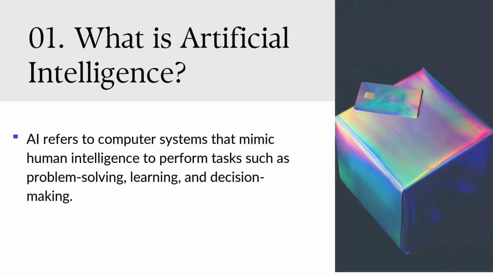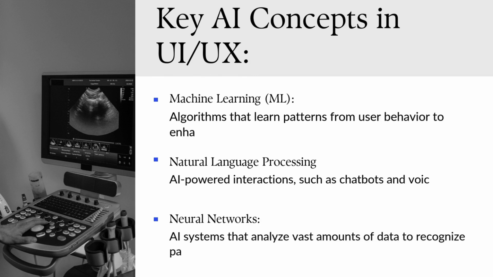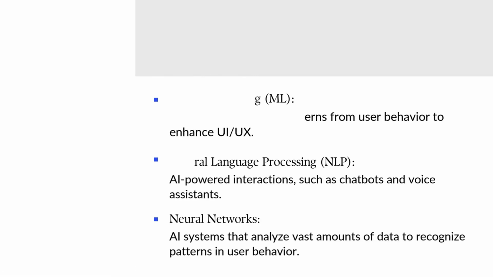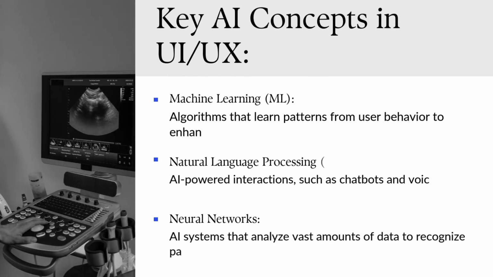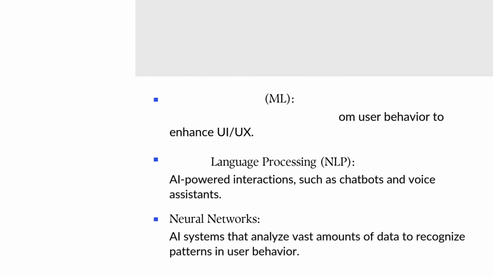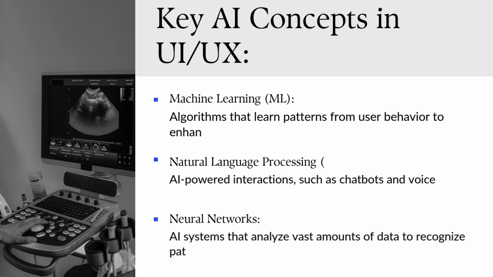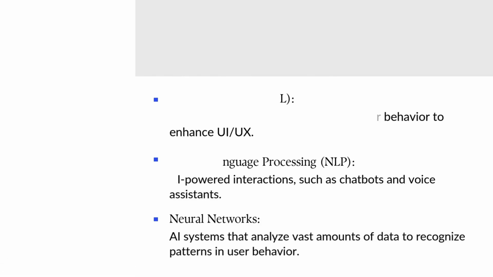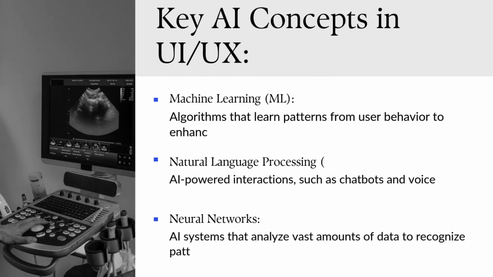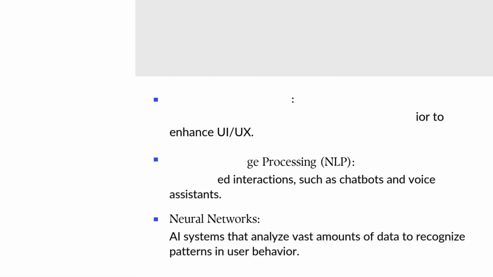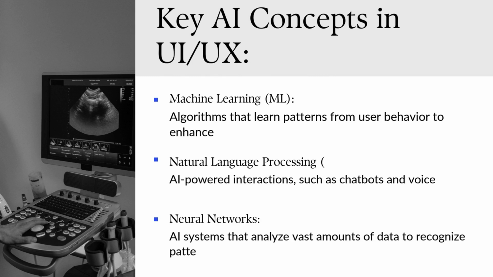So guys, let's go ahead to talk about some of the key AI concepts in UI and UX. First is what we call machine learning. With this, we have algorithms that learn patterns from user behaviors in order to enhance UI and UX. Next is natural language processing.